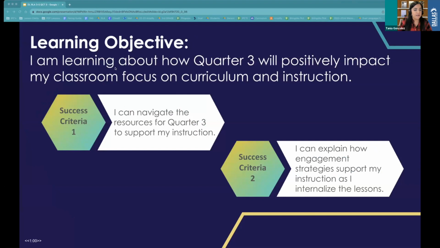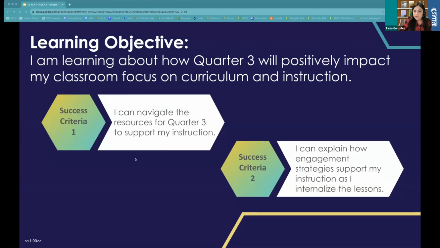Okay, we have our learning objectives for today. I am learning about how Q3 will positively impact my classroom, focusing on curriculum and instruction. Can somebody please unmute yourself and read success criteria number 1? I can explain how engagement strategies support my instruction as I internalize the lesson. Thank you.